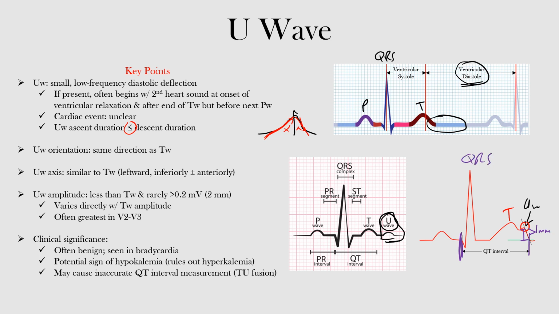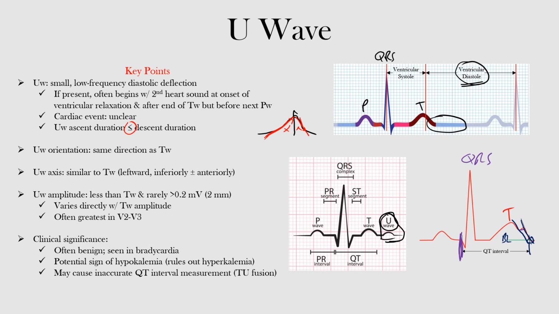And if you have that U wave that's present there and it's greater than 1 millimeter, then you'll include it in our measurement, okay? Let's just erase some of this so you can see. Remember, that green line here is our baseline, so you measure that out. You take the greatest slope, and you find the intersecting area, and that's the end of the T wave. Now, if it's less than 1 millimeter, then you would take it from this point here. Okay, so that's where the U wave can cause a falsely prolonged QT interval.